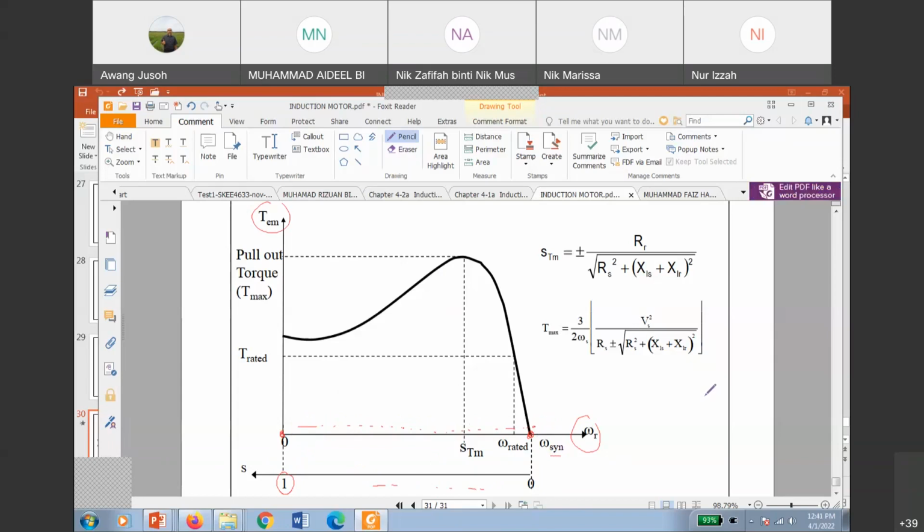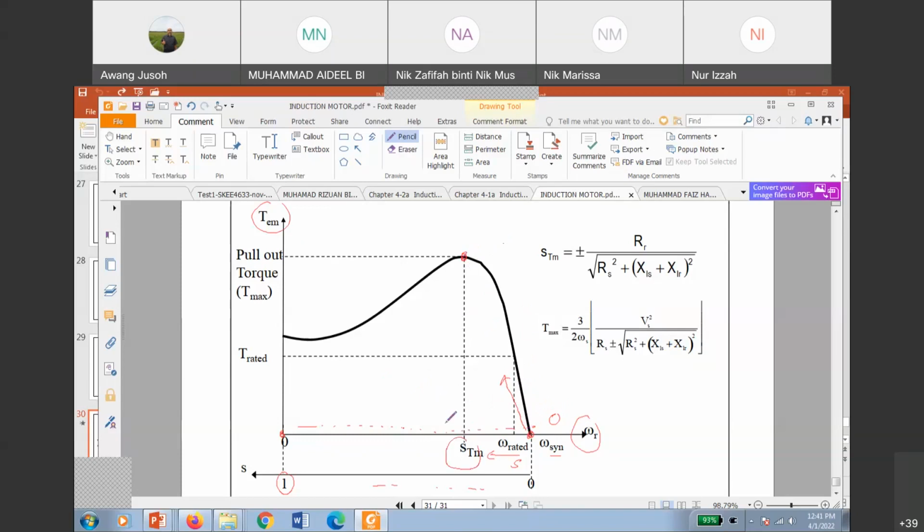This is the characteristic you can see. When we increase slip, starting from 0 for example, the torque increases linearly with the slip, up to the maximum torque. When you achieve the maximum torque, that is your maximum slip.